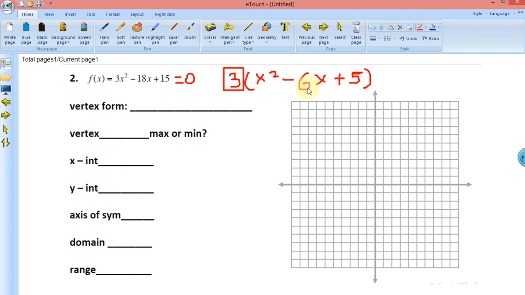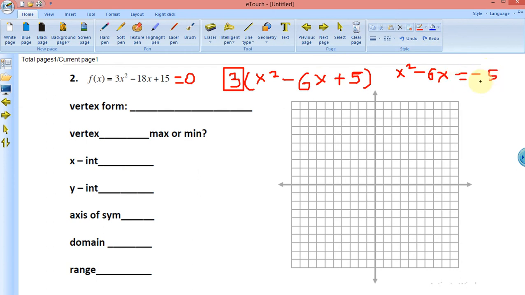We separate the constant and the variable now. So I have x squared minus 6x, and the plus 5 moves to that side, that will be minus 5, equals minus 5.